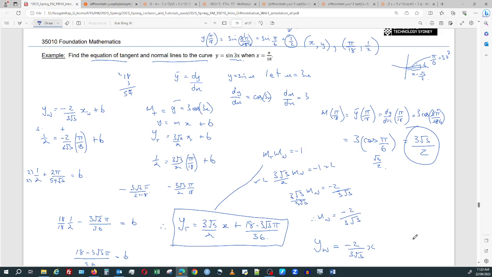So b is 27 plus 2 pi over, now that had to be root 3 too. So it's 27 root 3 actually over 54 root 3.